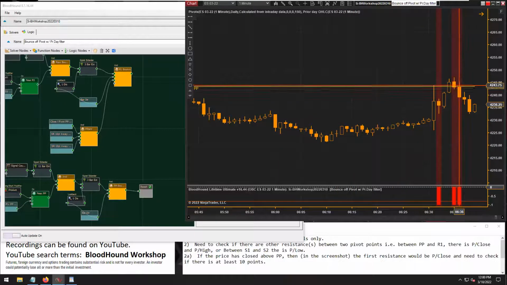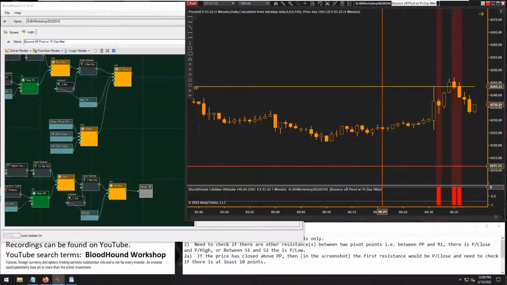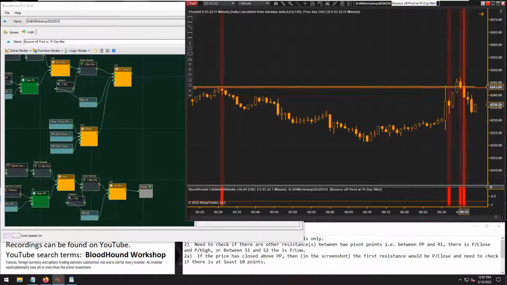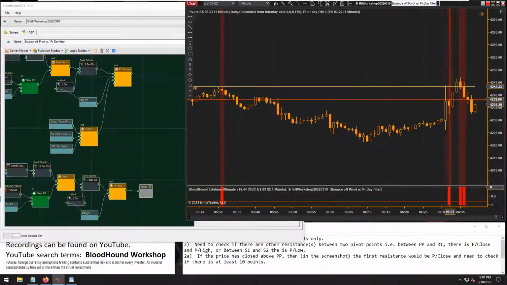So we need to get rid of the other signals here, or maybe not. Maybe you might want to keep those other signals, but if you did want to clean this up, let's see here. We need to figure out what is allowing these other two short signals after the first one there.